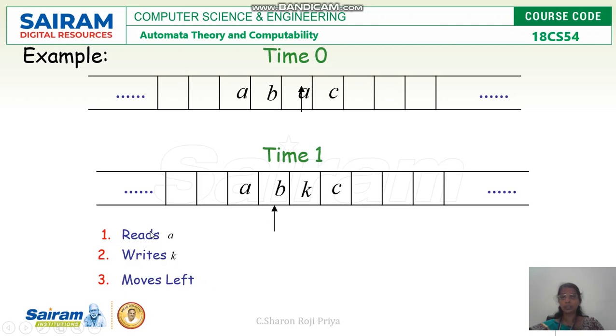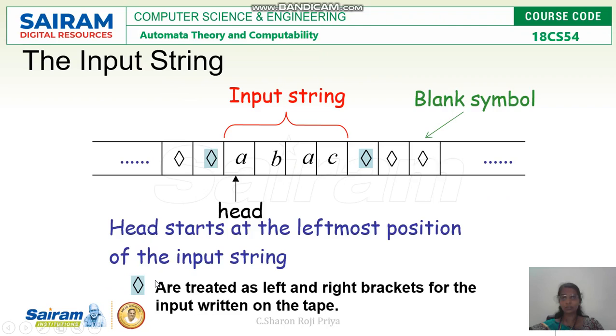Reads A, writes K, moves left. And coming to the input string, when I place the input string on my tape, it should have blank symbols at both the beginning and the end. I have to keep these blank symbols at the beginning and at the end of my input string.